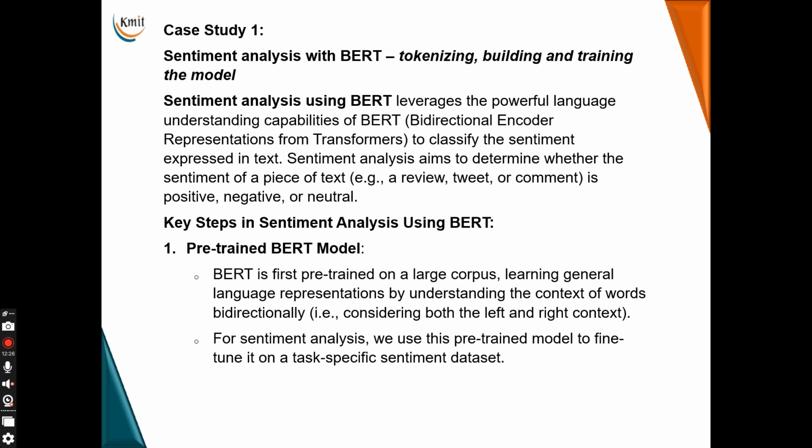So what are the key steps in sentiment analysis using BERT? So first of all, it is to be pre-trained on huge amounts of data, and for sentiment analysis we use the pre-trained model and fine-tune it on the task specific sentiment data set.